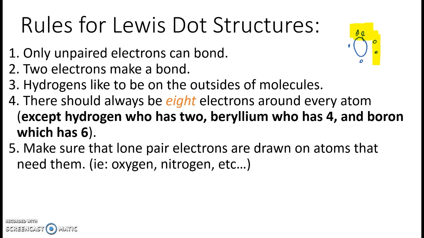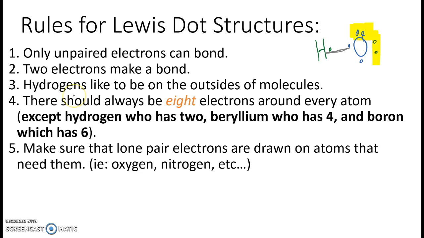Those electrons do not form bonds. Second rule, 2 electrons make a bond. Let's say we want to bond hydrogen and oxygen. Hydrogen has 1, and so we can form a bond between this one valence electron in hydrogen and the other unpaired valence electron in oxygen.